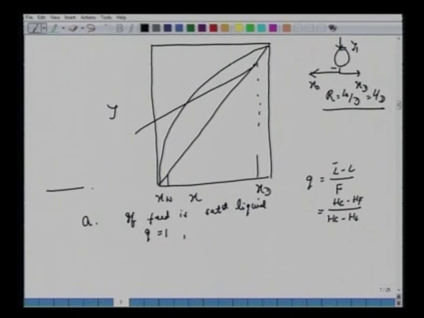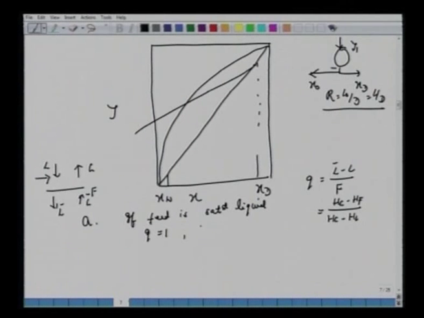So there's a feed plate here and this feed enters here. We have the vapor, we have the liquid L bar, we have L, we have G, and we have G bar. If everything is saturated liquid, then q is 1.